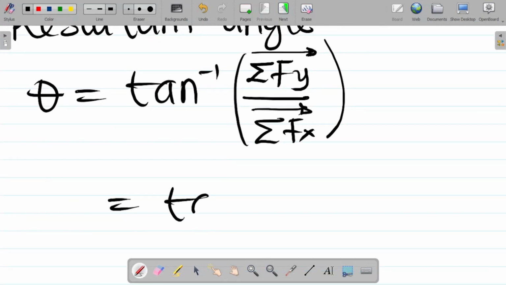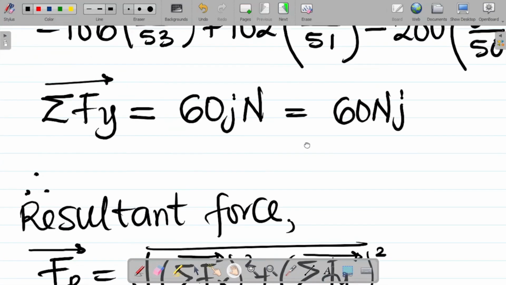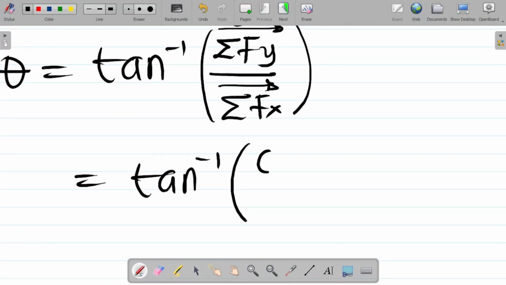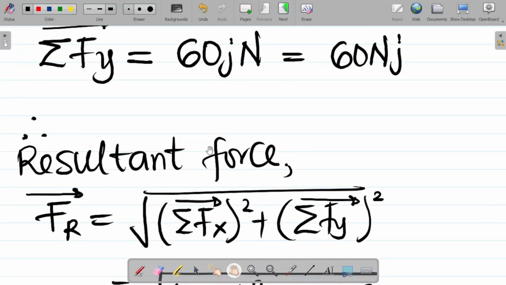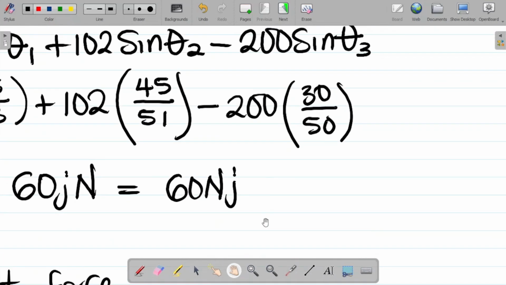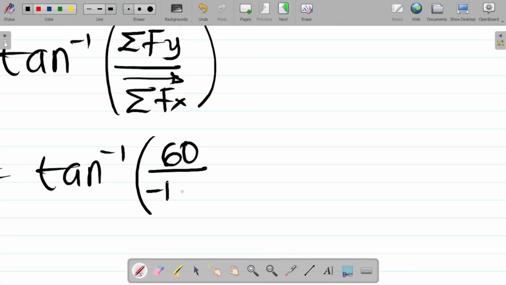That's equal to tan inverse of, what's sigma Fy? Sigma Fy, the value is this one here, 60 Newton. So that becomes 60 all over sigma Fx. Sigma Fx is minus 152 Newton.